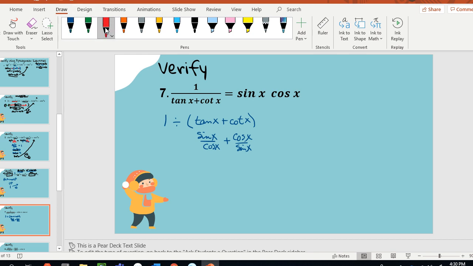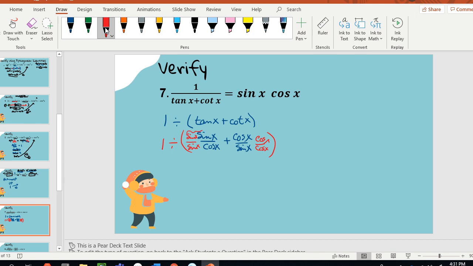So what I'm going to do is take these and say times sine over sine and cosine over cosine. Okay. And what that gives me is 1 divided by, all of this is still here. And don't cancel these, because we just took the time to multiply them.